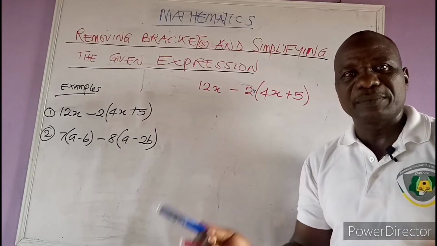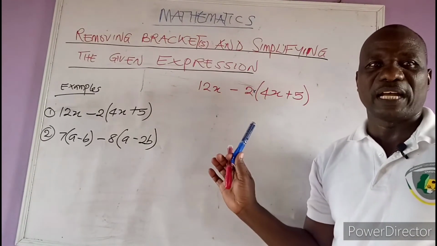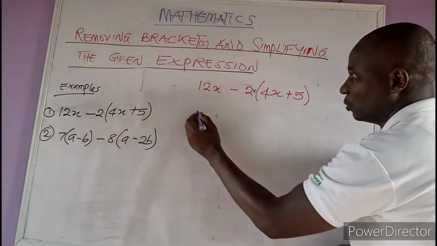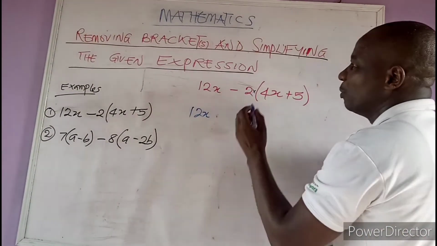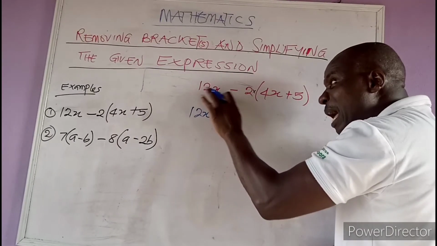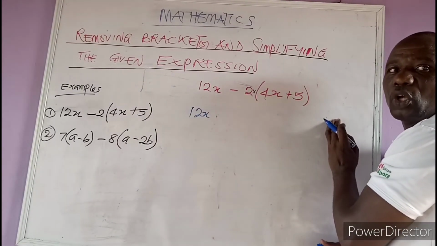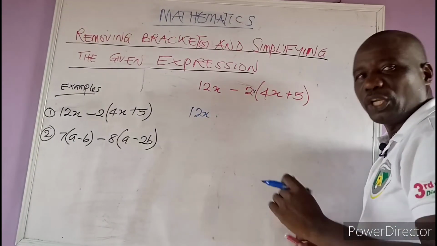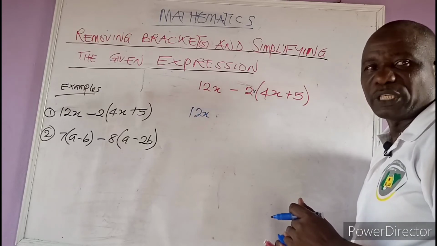If there are no like terms, then you leave it like that. That is the final answer. Let us now go. I said, leave this alone. That is 12x. Because this minus is telling you that this is not part of us until we finish with our problem, before we now bring it into the picture.